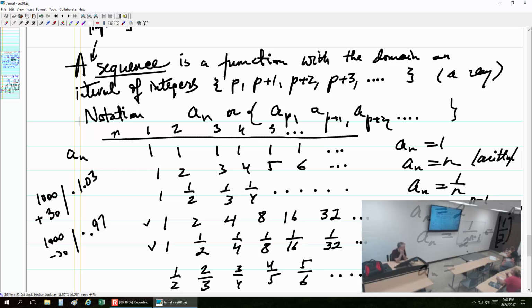Look at the numerator and denominator separately. n over n plus 1. N over n plus 1, that's right. Do you see the trend?